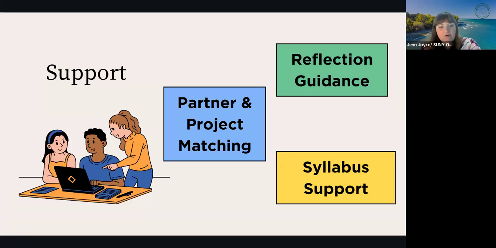Syllabus support is another one, so we can help design those service learning components within your course syllabi. We want to make sure that we have clear objectives and that the community partnerships align with the process we're trying to make happen.